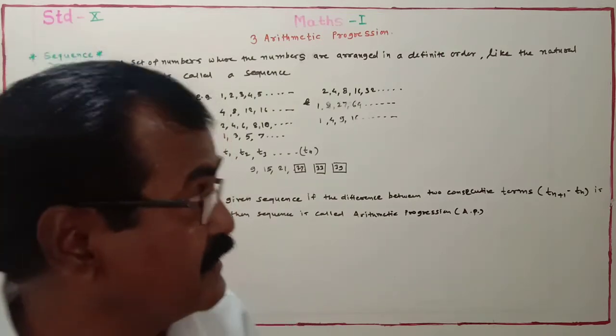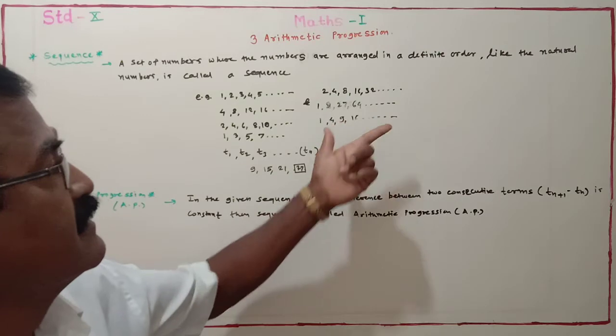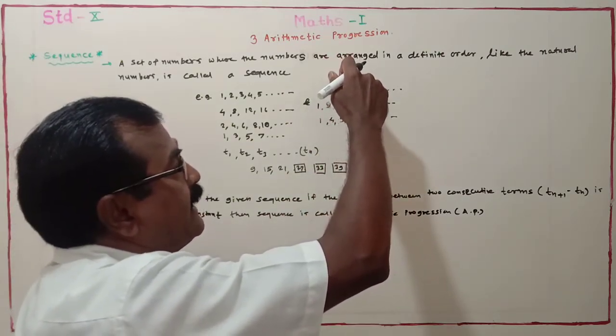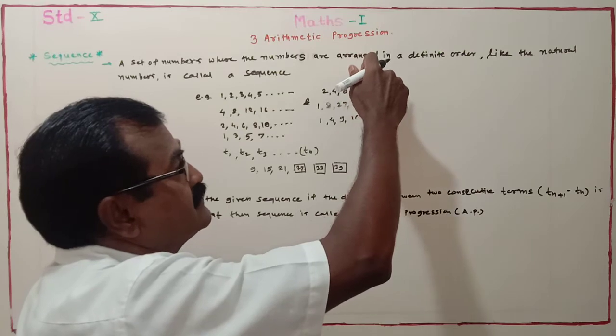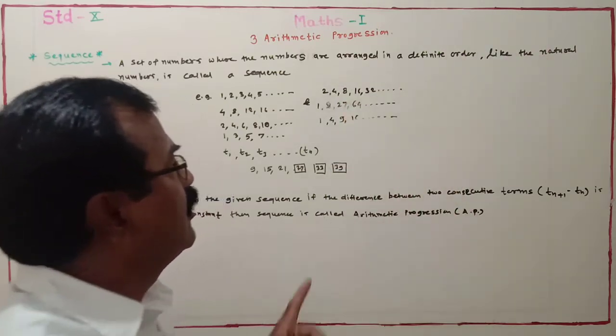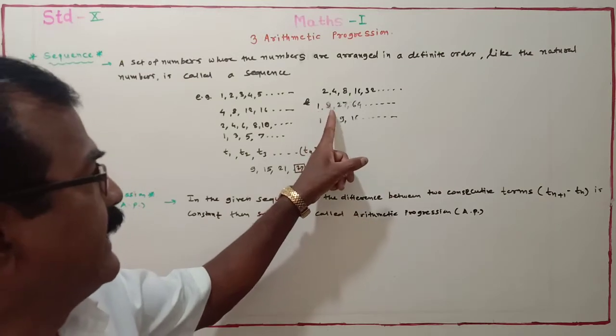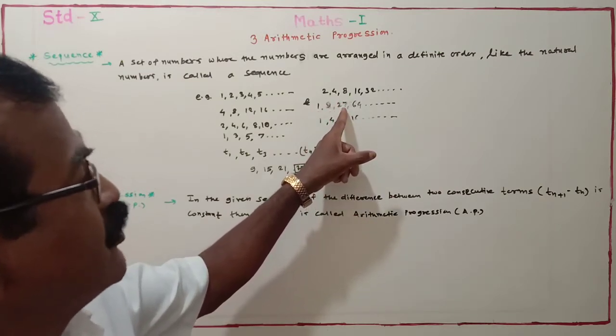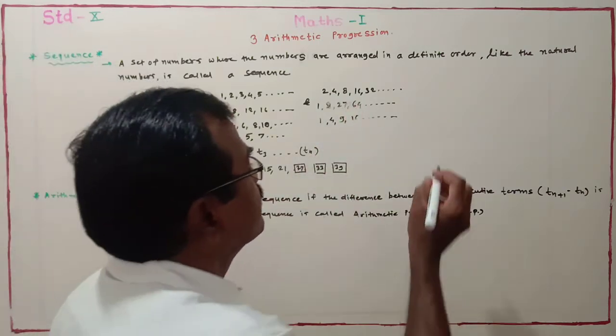But in these numbers 2, 4, 8, 16, 32, we can write 64. Or 1, 8, 27 are the cubes of natural numbers.